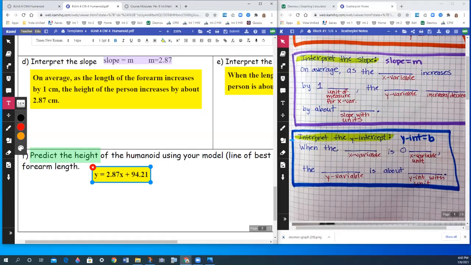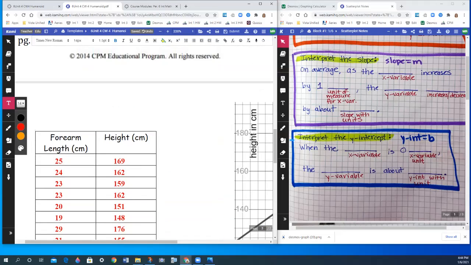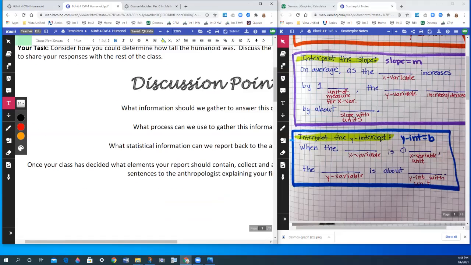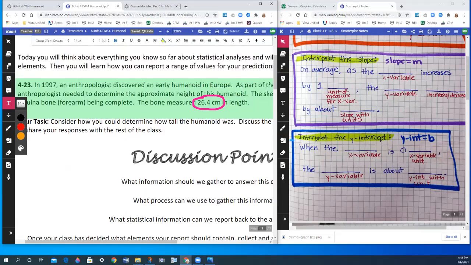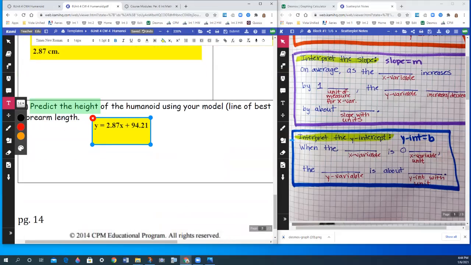And what I'm going to do is put in the length that I'm trying to find the height of, which is 26.4.